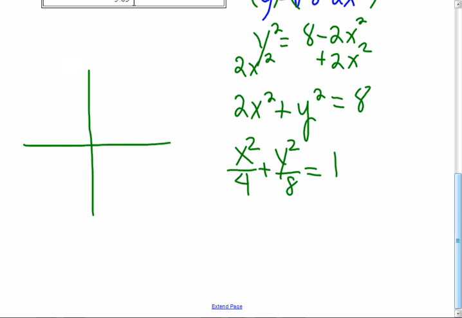X squared equals 4, so it's 2, negative 2. And because this is a function, solved for y equals, I'm only going to get the square root of 8, so it's going to look like that. The other half of the ellipse would be the negative part: y equals the negative square root of 8 minus 2x squared.